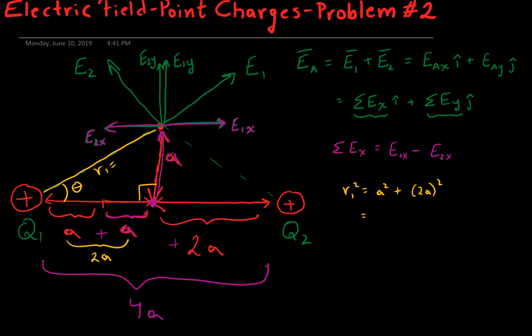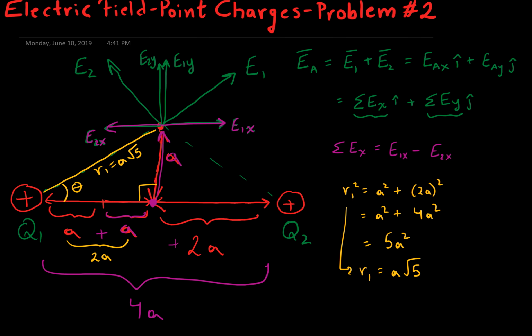So that all in all is going to equal a squared plus 4a squared, which is 5a squared. So we then see that r1 must equal a times the square root of 5. Okay, so that's that distance.